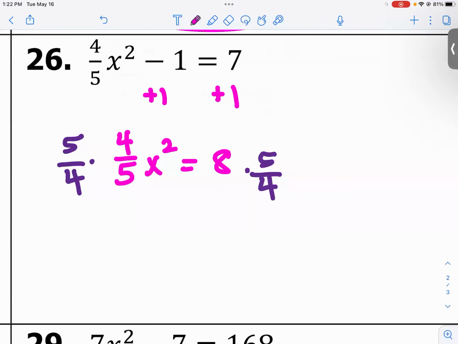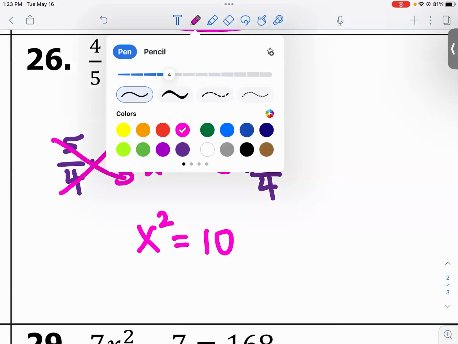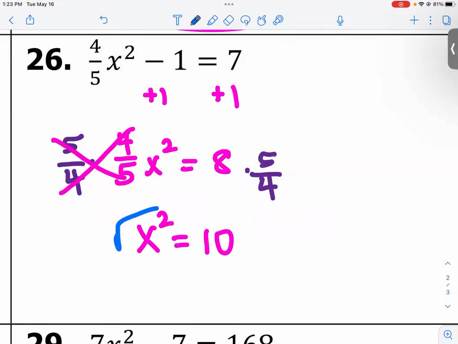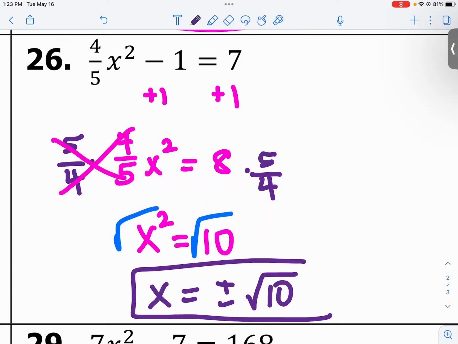Oh, this is nice. 5/4 times 4/5 cancels out. And if I take 8 times 5 and divide by 4, we get plus or minus 9. No, try again. Radical 10.